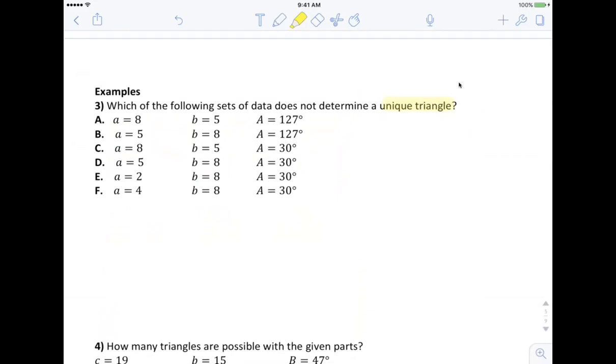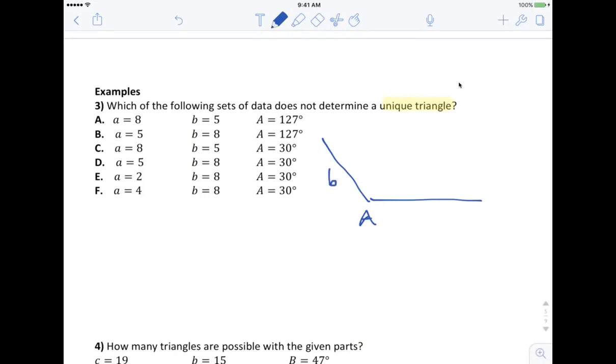So when I draw these, so it's consistent when I'm looking at it, I'm always going to put angle A at that bottom left-hand position. So A is here, okay? And then b, I'm going to always draw that there.